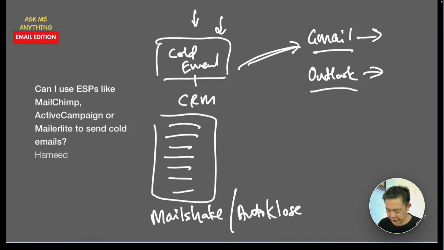As far as a recipient is concerned, when they receive this email, it is coming from your Gmail account. So that's why it is important. For example, let's say my main business domain is called ends.digital. I will not use this.